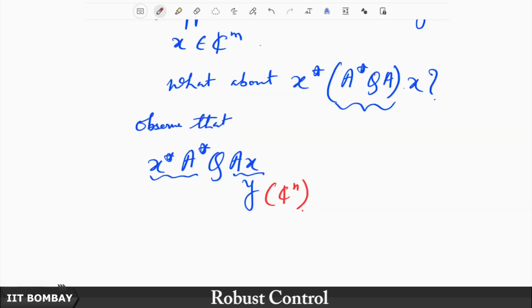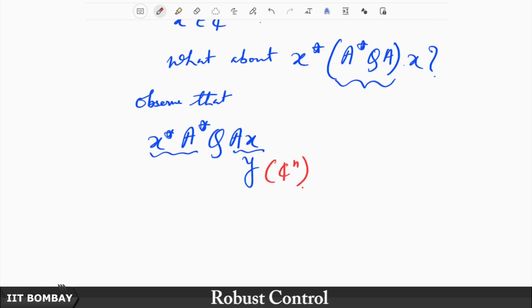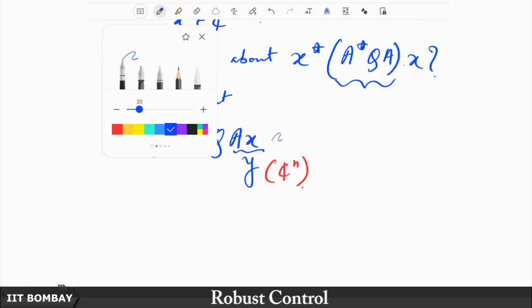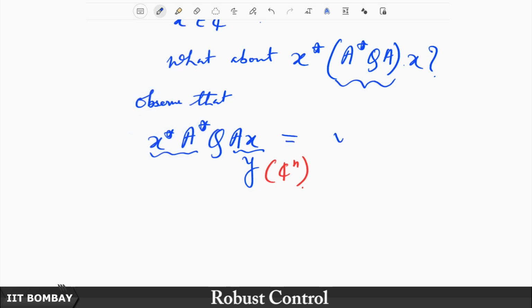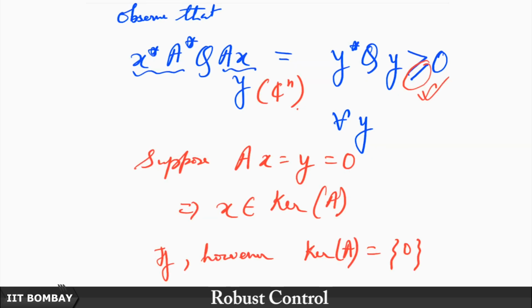This comes from C to the n, an n tuple of complex numbers. So what we then have is that this is equal to y Hermitian Q y. Now, this is in general greater than or equal to 0 for all y. So, just a small little clarification there. Actually, strictly speaking, this shouldn't be for all y.